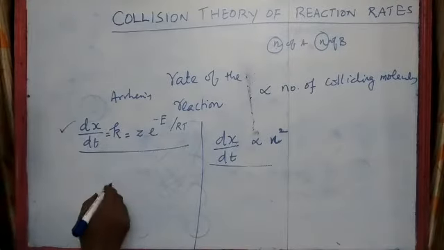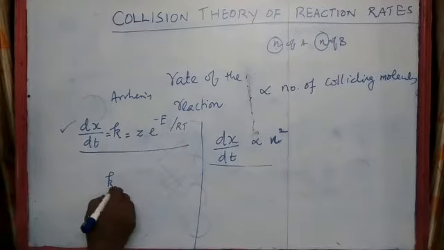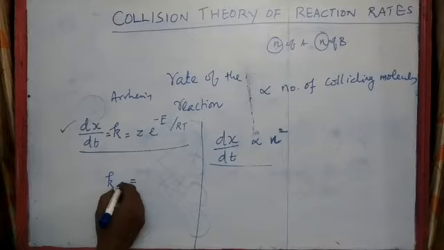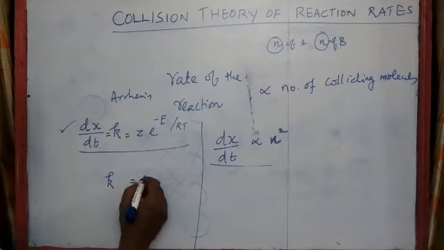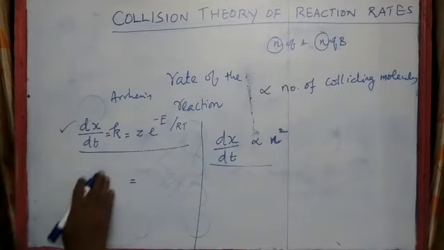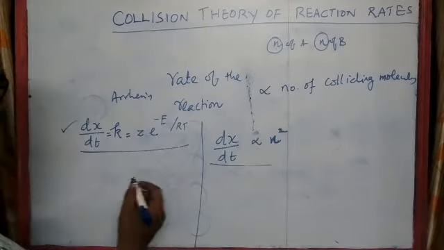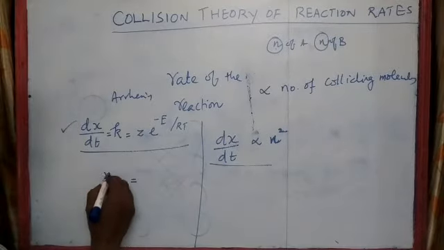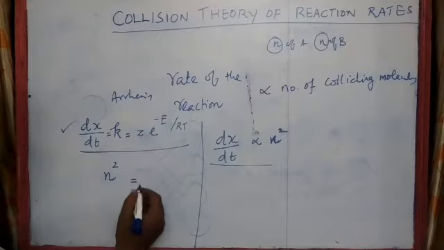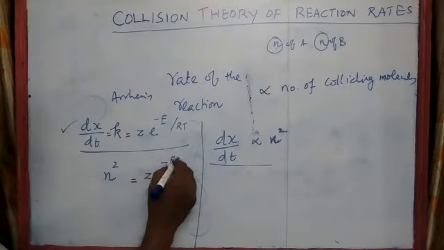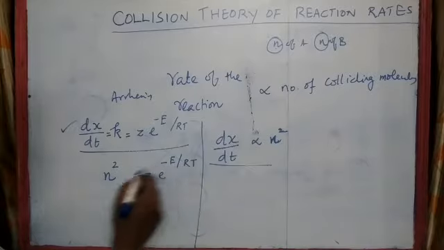So now we can write the rate k is equal to n squared, that is, n squared is equal to Z e power minus E by RT.